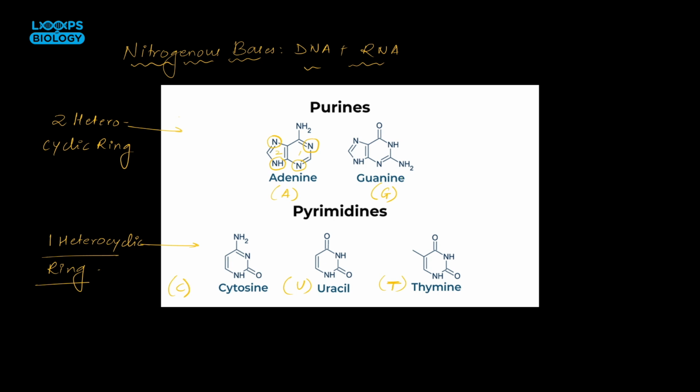Thymine is specific for DNA, and uracil is specific for RNA. Alright guys, so this was your nitrogenous bases.